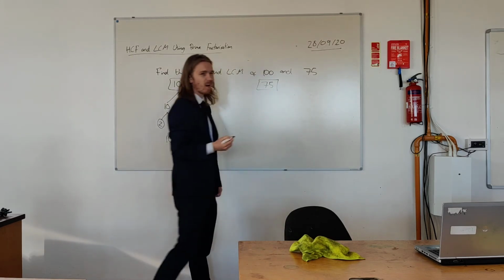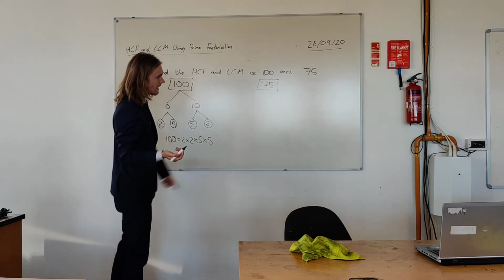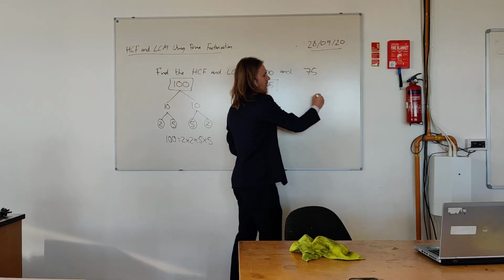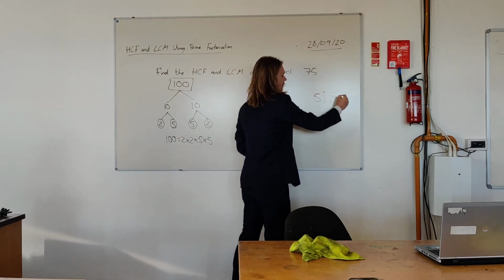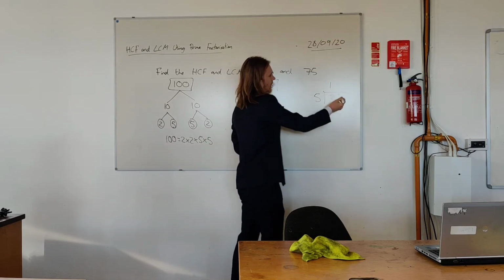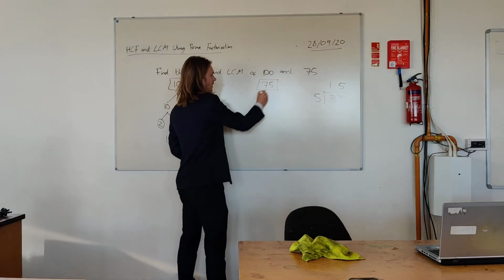On 75, I can't do 10 on this one. It does end in a 5, so I know that 5 goes into it, but I'm not sure how many times. So I'm going to do a bit of bus stop. 5 into 7 goes once, remainder 2. 5 into 25 goes 5 times. So I'm going to do 5 and 15. Some of you might have done 3 and 25.